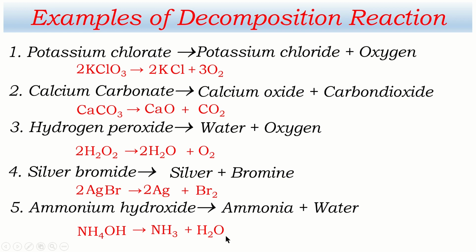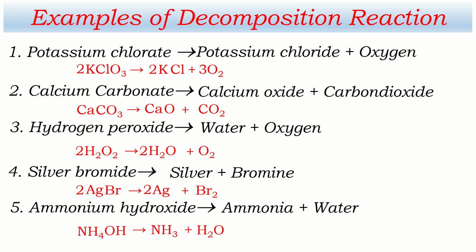Now let's balance from the right hand corner. Oxygen 1, here oxygen 1, hydrogen 2 plus 3, 5, here also 5, nitrogen 1, nitrogen 1. This is a balanced chemical equation. These are very common examples of decomposition reactions which are frequently asked in the examination. Sometimes a word equation may be given, and we have to convert it into a balanced chemical equation.